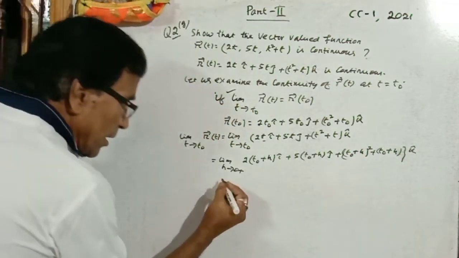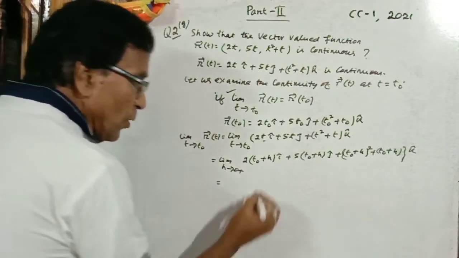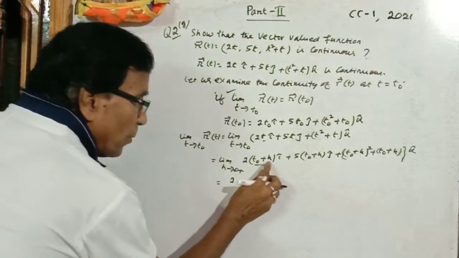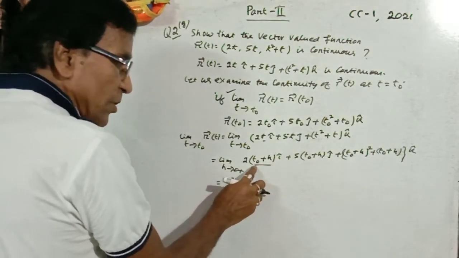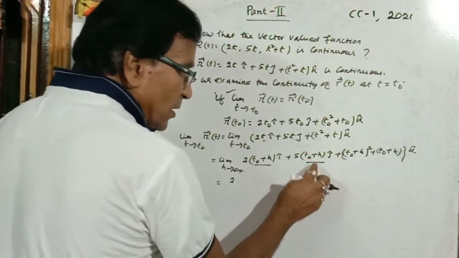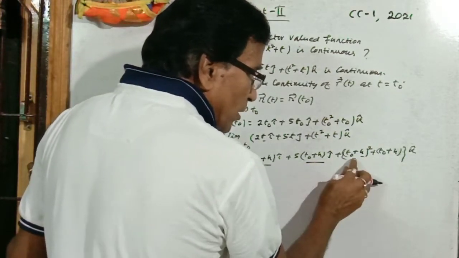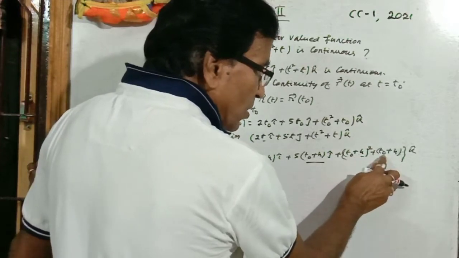So now here you see that when h tends to 0 plus, this will tend to t0 plus h, that will tend to t0, and this t0 plus h will also tend to t0, and when h tends to 0, this will tend to t0 square plus t0.